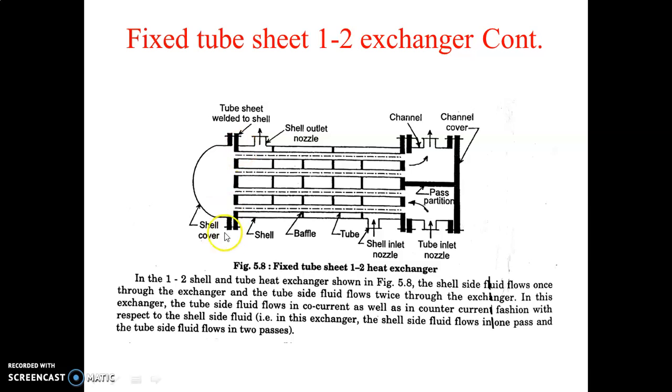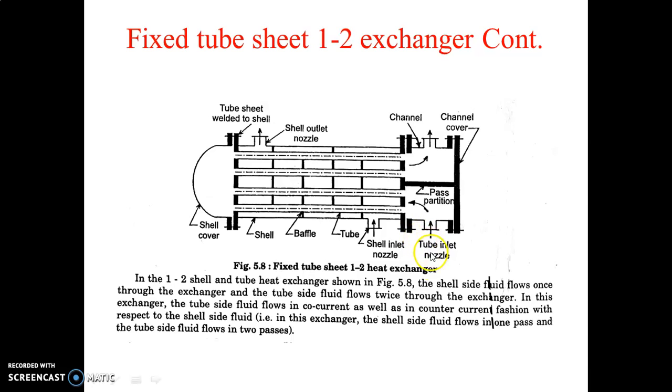By using nut and bolts, this shell cover is clamped, and it is used for permitting the tube side fluid to cross from the first to the second pass.